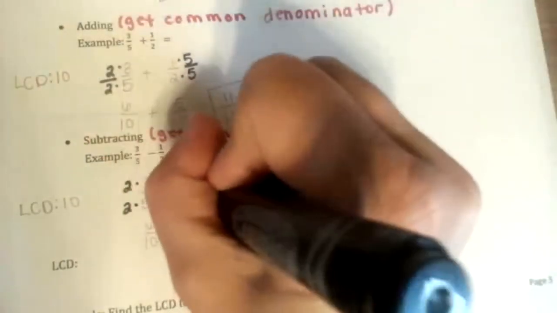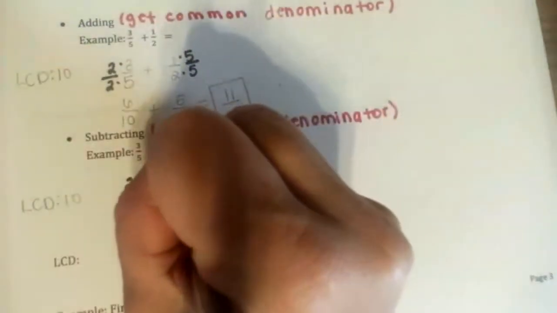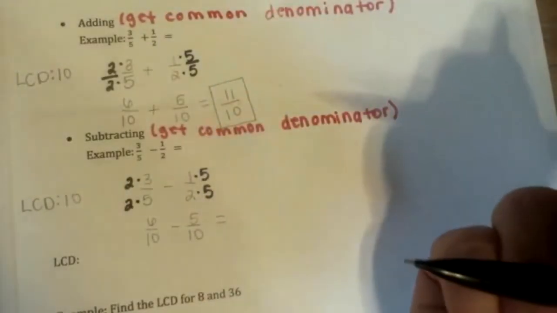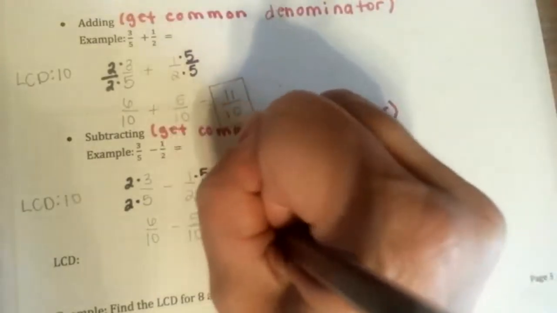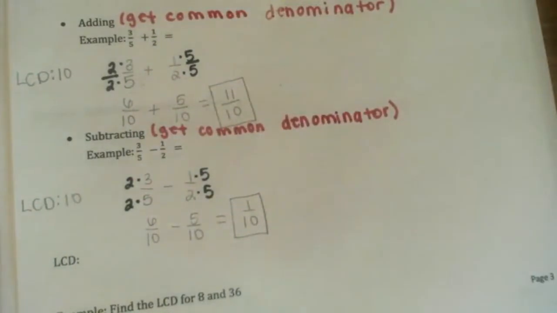So multiplying by 5, that would give us 5 tenths, just like we did previously. So now we have 6 tenths minus 5 tenths. So now they're both tenths, they're both like terms. 6 tenths minus 5 tenths would leave us with 1/10, which is simplified. So that is our answer.